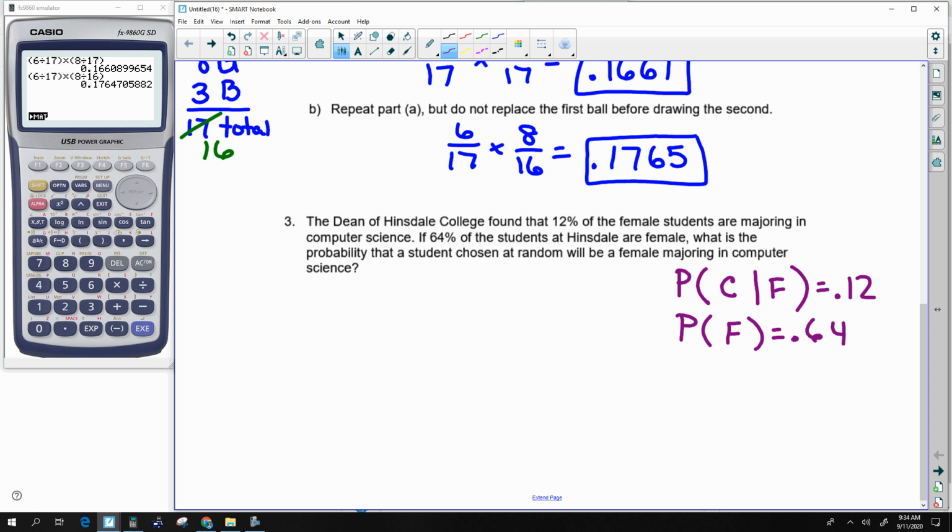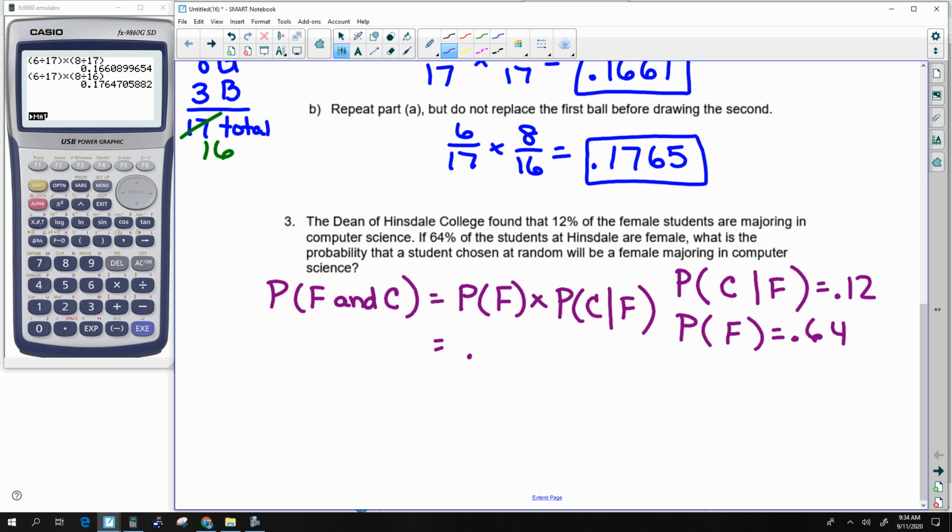What's the probability of being a female and in computer science? With the variables that we have, that would be F times C, so 0.64 times 0.12.